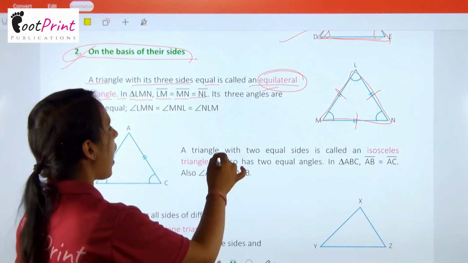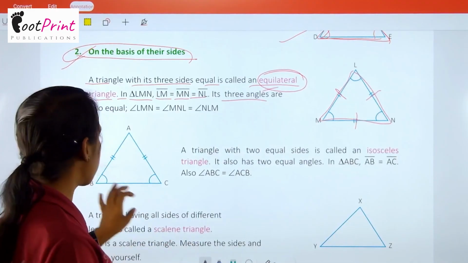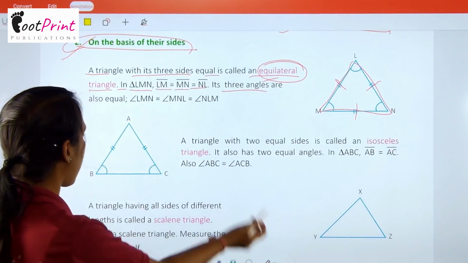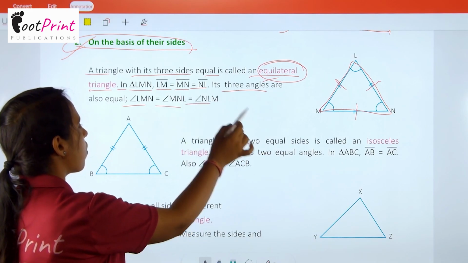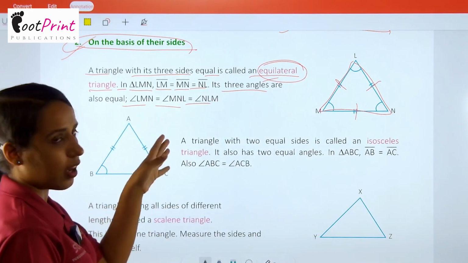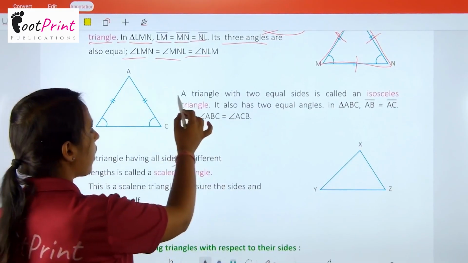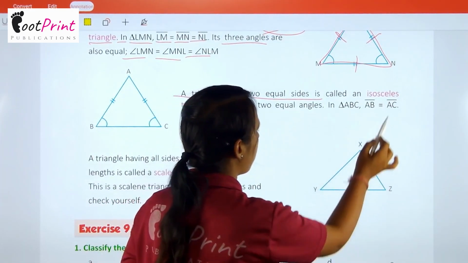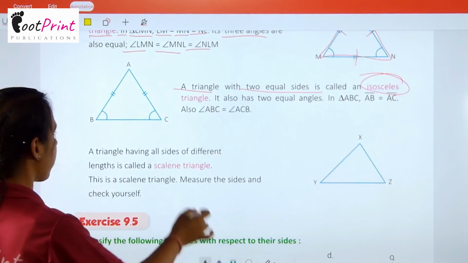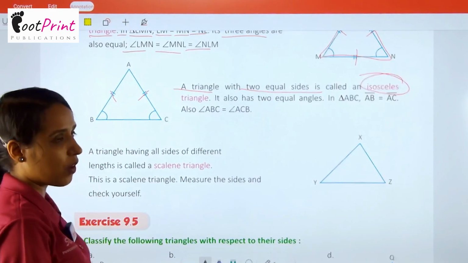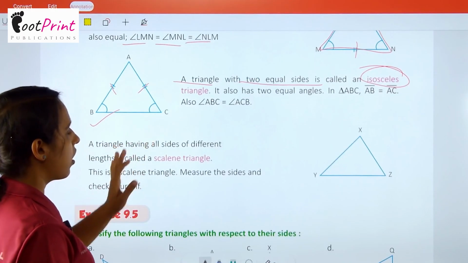Okay? And in this, the three angles are also equal. So we can write angle LMN equals angle MNL equals angle NLM. Okay. Next one is a triangle with two equal sides, called an isosceles triangle. So if a triangle has two sides equal, we can say that it is an isosceles triangle.